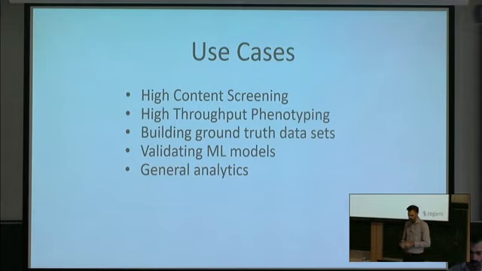The original use cases, as I said, were around high content screening. These are automated microscopes effectively that take loads and loads of images of lots of cells. And also high throughput plant phenotyping, which is the opposite end, where instead of a small cell, we're imaging tens of thousands of plants within really huge greenhouses.